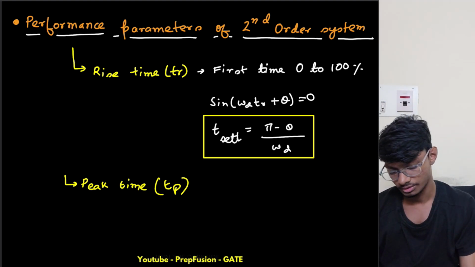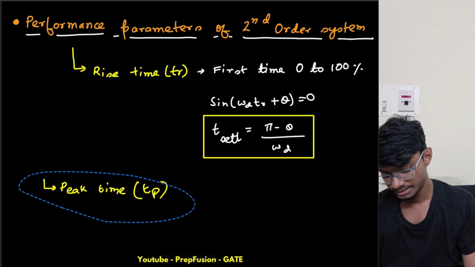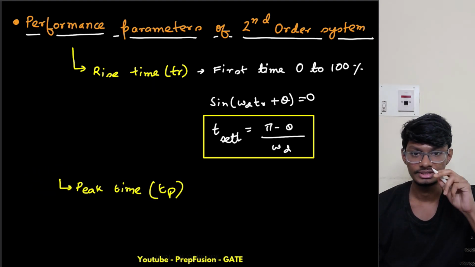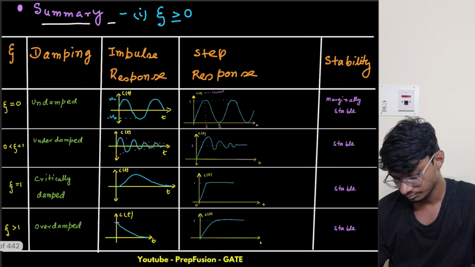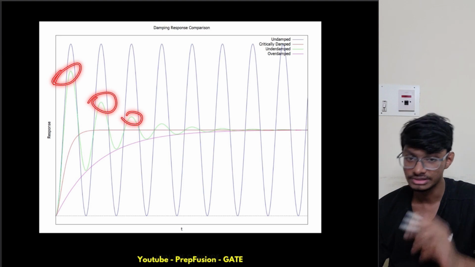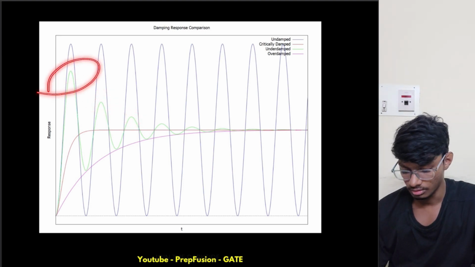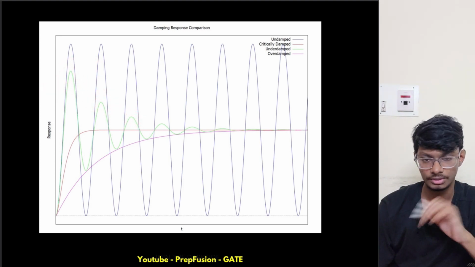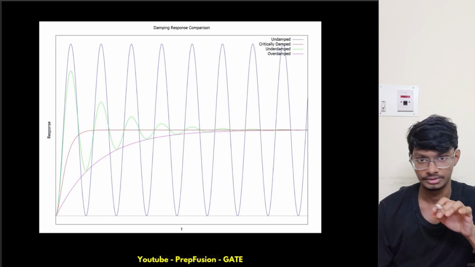Right, so now what is my peak time? Peak time is basically when it reaches the peaks. Here, if you see, it reaches the peaks at certain points. So these are my peak times. Mainly I will be interested in the first peak, but they may ask you for the second peak, third peak also.